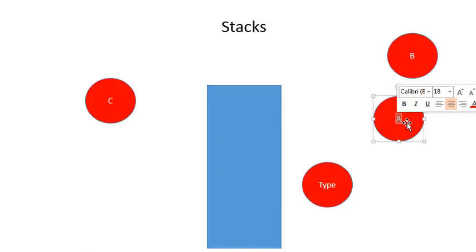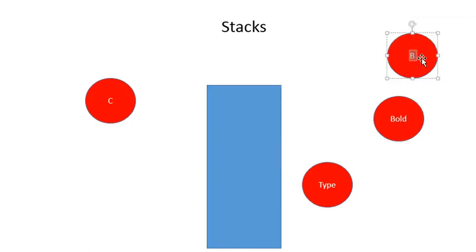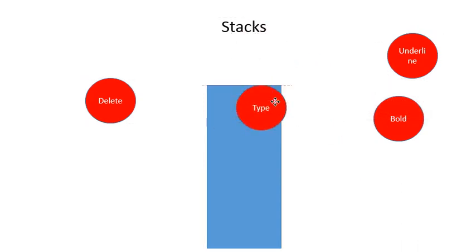This is going to be bold, and this is going to be underline, and this is going to be delete. So we're in our application and we type some text. We push that to the stack, and if we were to undo typing the text, we can take it back out.